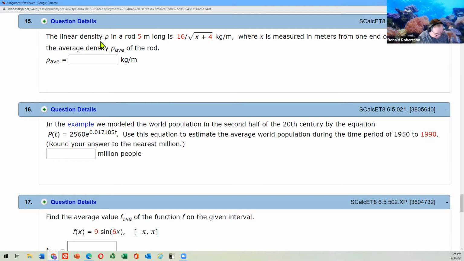So in this story, question 15, the density function rho is given by 16 over the square root of x add 4. And the rod is 5 meters long, so that tells me x starts at 0, and at the end of the rod it's 5. So let me show you the setup for this one. I won't finish it, but I will set it up.